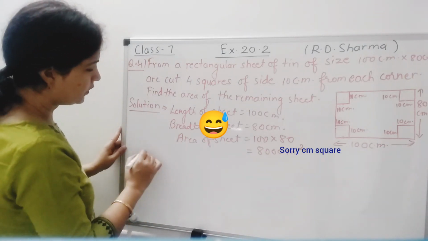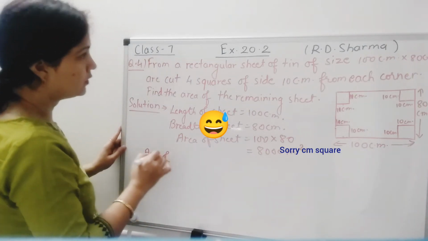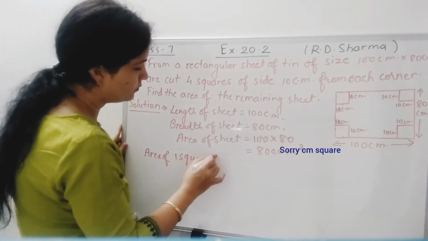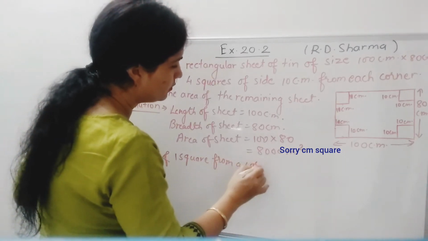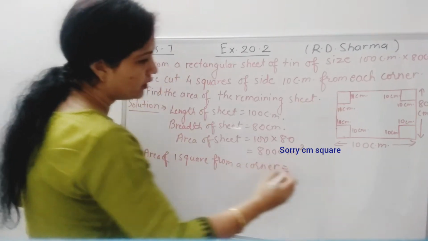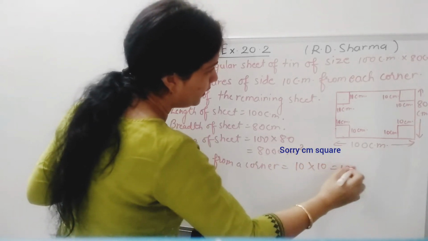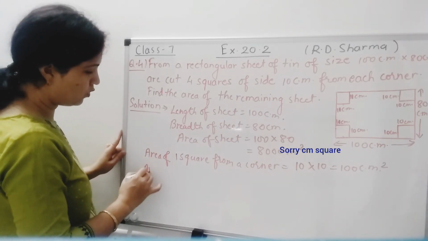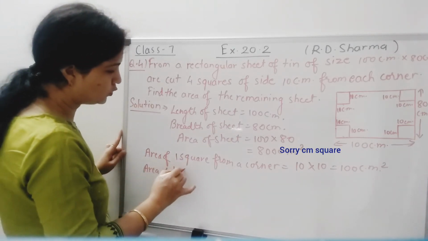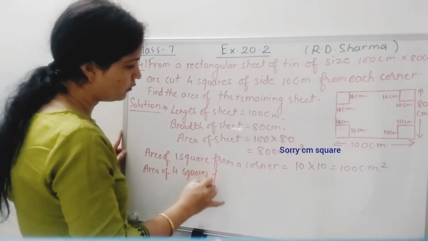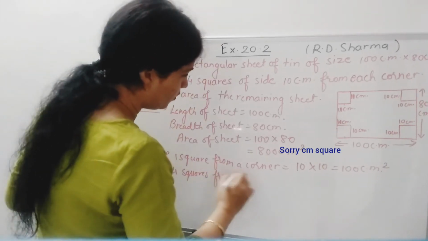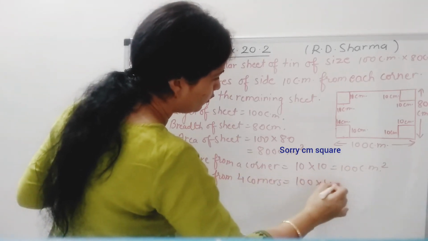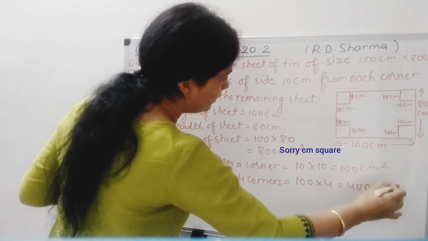Now the area of 1 square from a corner is 10 into 10, which means 100 centimeter square. So the area of 4 squares from 4 corners will be 100 multiplied by 4, which means 400 centimeter square.